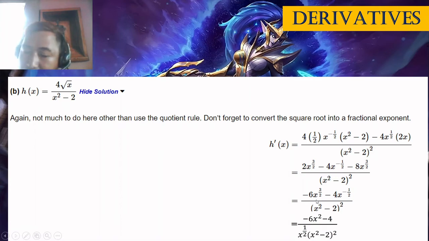May ano na yung answer class. So negative 6x squared minus 4 over x to the 1 half times quantity x squared minus 2 squared. So ang negative 1 half class atong ginaog and then nana siya dire sa ubos. Kung imo na siyang i-divide dire class, may mo siyang kani 3 over 2. X to the 3 over 2. Okay?